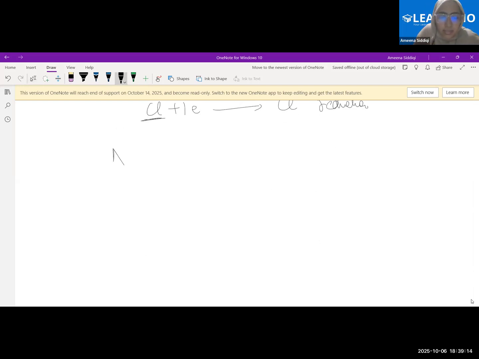If I join them, if I say sodium element combines with chlorine element to give me sodium chloride. Sodium is one element, chlorine is another element. Together, it is forming sodium chloride. I think this is nothing but a combination reaction, two or more reactants combining together to form one product.